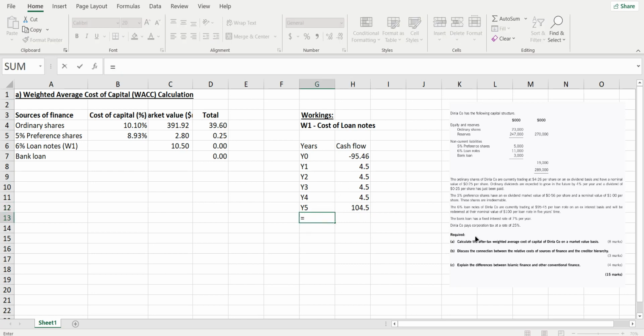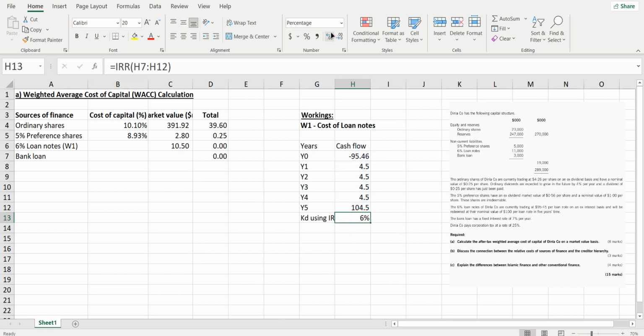So now we can calculate the cost of debt using IRR, and we can use the IRR formula. Just select all the cash flows, and to 2 decimal points, 5.57%, and that is our cost of capital by using IRR.